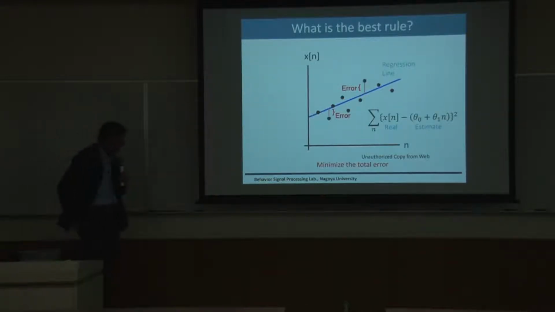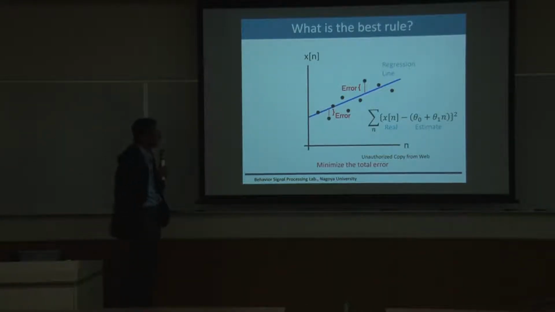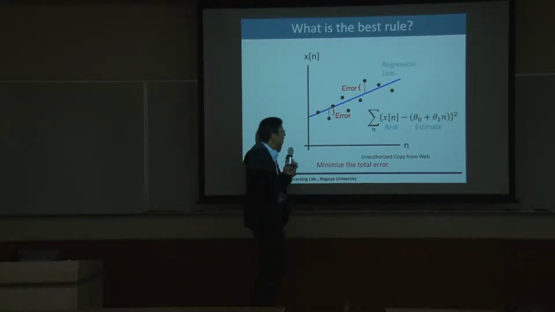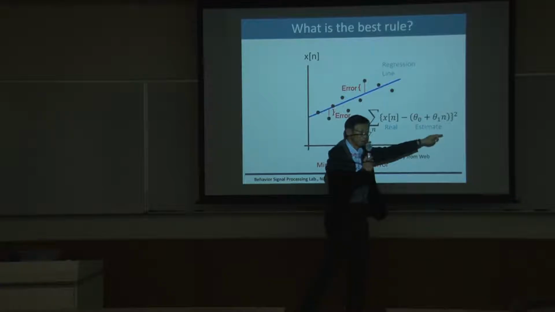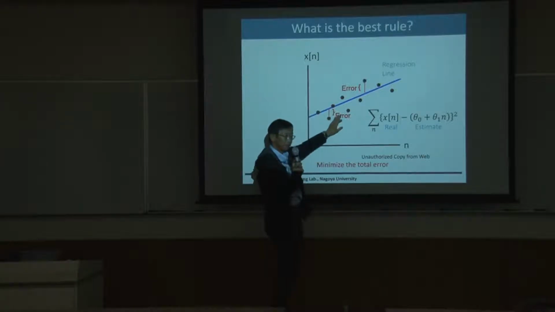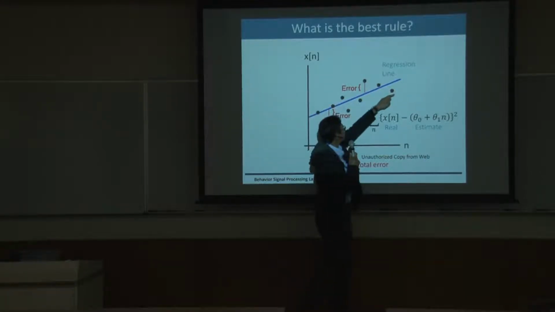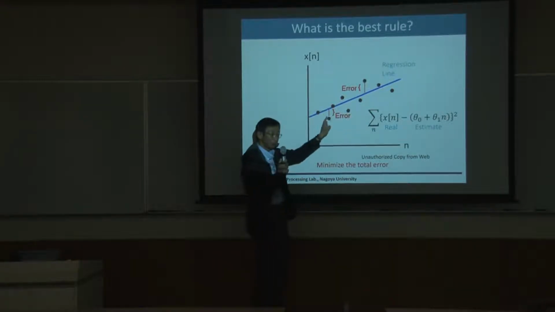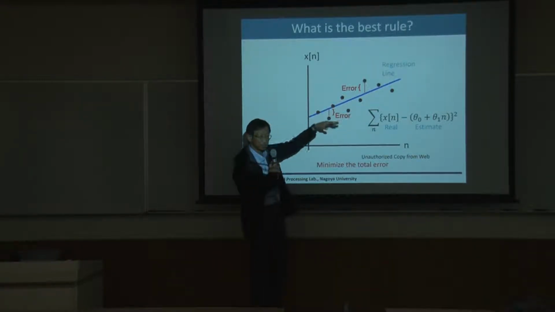Okay, and the criterion to identify the best theta 0 and theta 1 is quite simple. We can calculate the error value and minimize it with regard to the actual data that you have. So these black points are the result of observation. Therefore, you cannot change them.